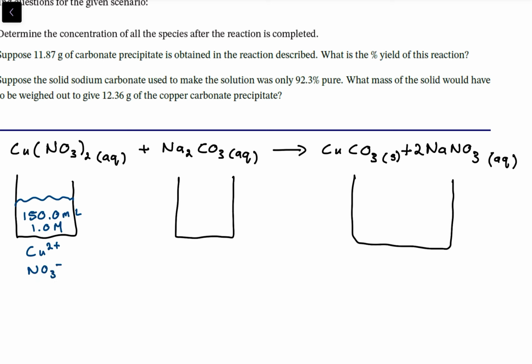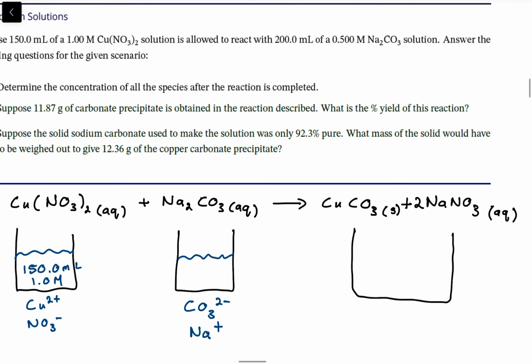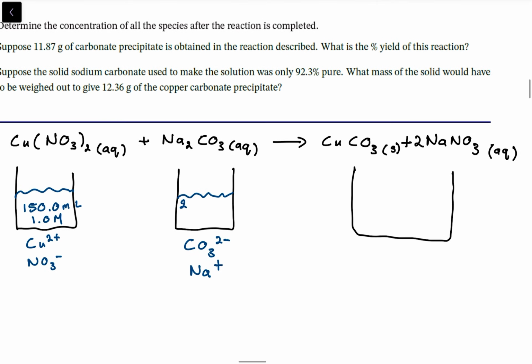There will be twice as many nitrate ions as there are copper 2 plus ions. Here we have carbonate, so we'll have CO3 2 minus, and we'll have sodium plus ions, and how much of this? 200 milliliter of a 0.5 molar solution. Okay, so that's what we have.